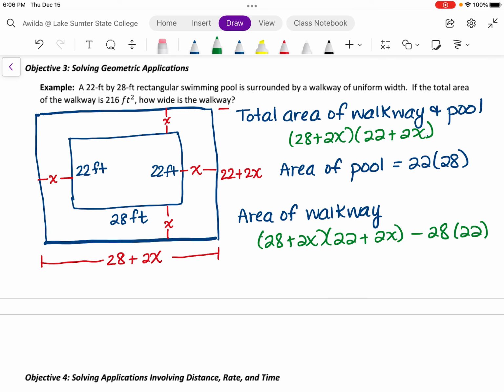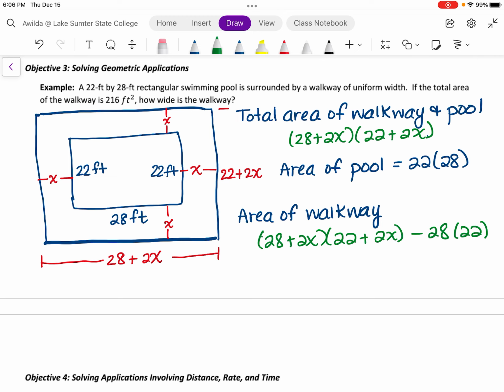I didn't mean to, but thankfully multiplication is commutative. We can multiply in any order and get the same result. But this is the area of the walkway. The total area of the larger rectangle minus the area of the pool gives us the remaining area, which is the area of the walkway.